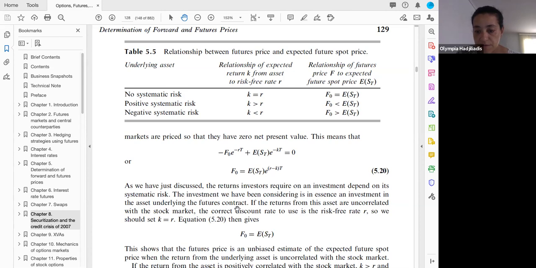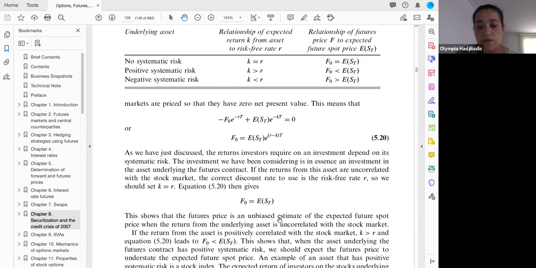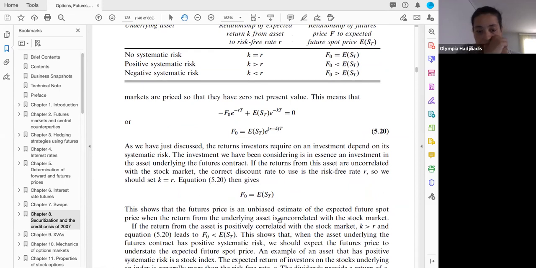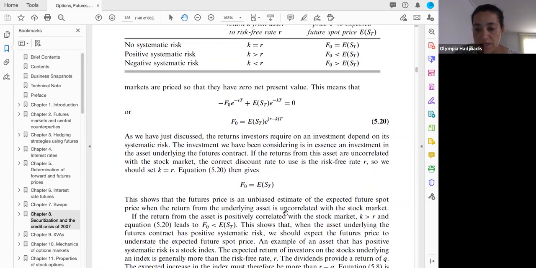If the returns from this asset are uncorrelated with the stock market, the correct discount rate to use is the risk-free rate, so we should set K equal to R in equation 5.20, which gives F0 equal to the expected ST. This shows that the futures price is an unbiased estimate of the expected future spot price when the return from the underlying asset is uncorrelated with the stock market.